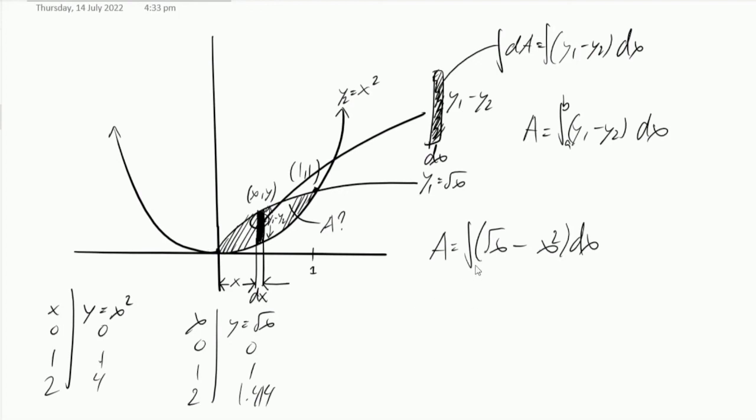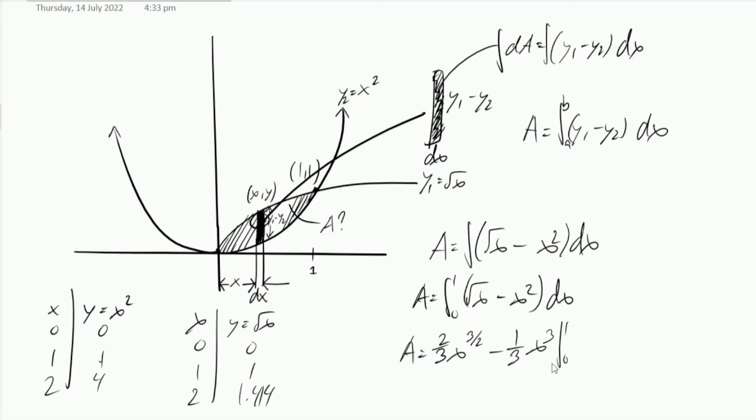So the area is equal to the integral from 0 to 1 of square root of x minus x squared dx. So find the integral of square root of x, that is 2/3 x raised to 3 over 2, minus x squared will become 1/3 x cubed, from 0 to 1.